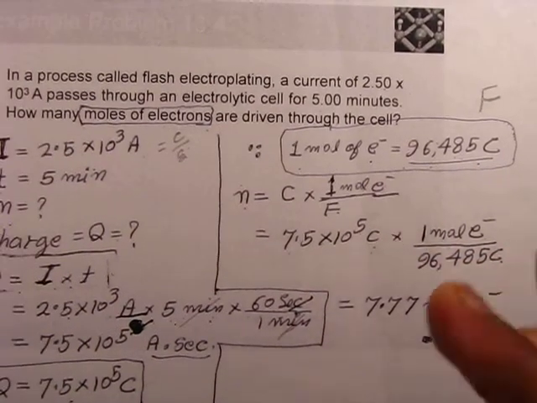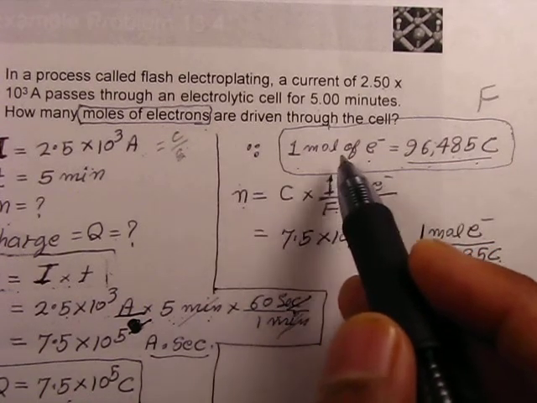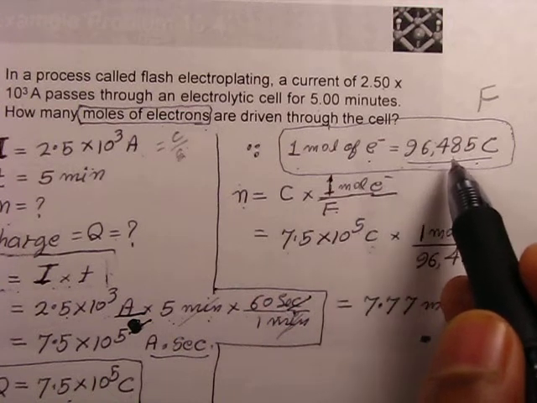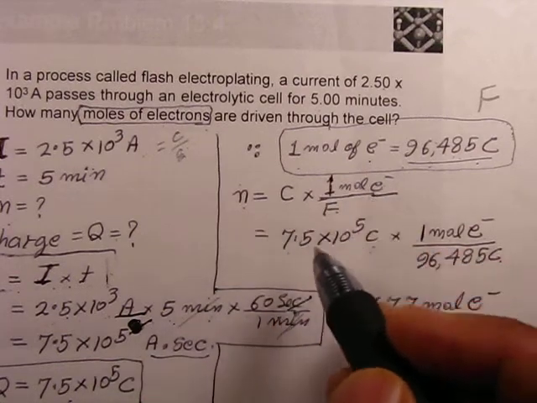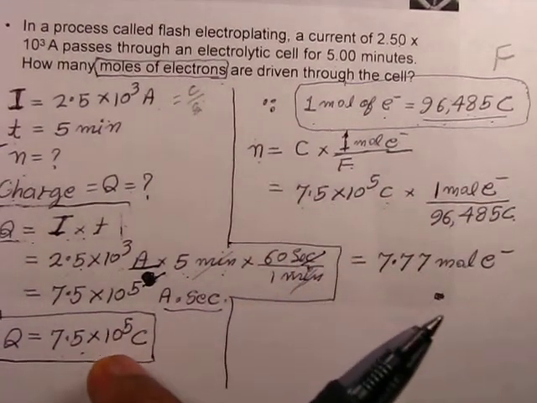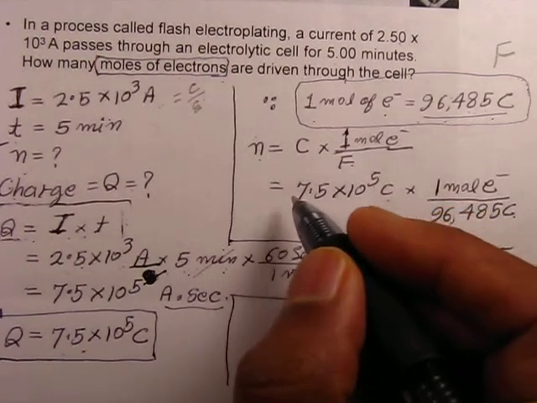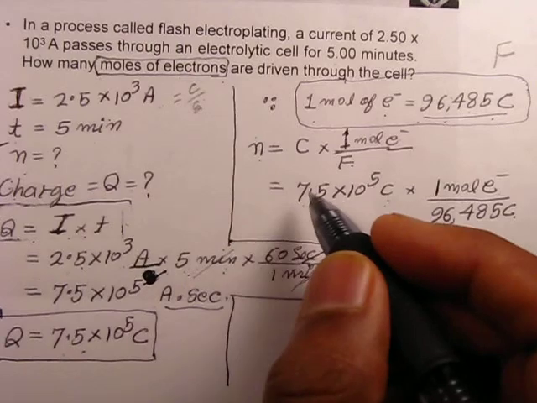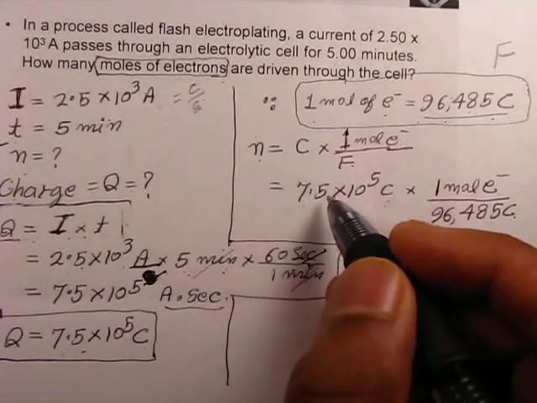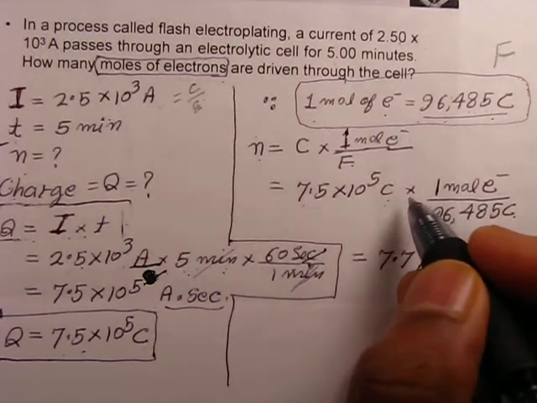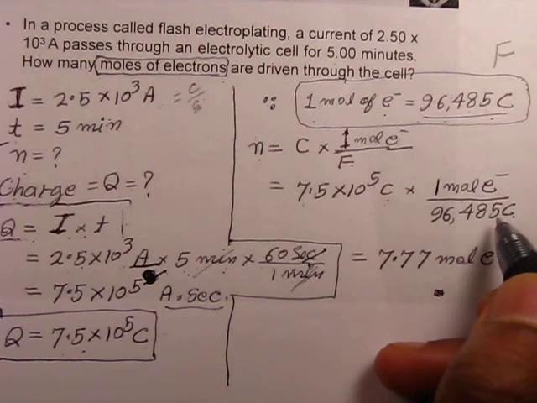As per the Faraday constant, 1 mole of electrons is equal to 96,485 coulomb. So we divide the total charge by the Faraday constant to find out how many moles of electrons there are. The number of moles of electrons is equal to charge divided by Faraday constant: 7.5 times 10 to the power 5 coulomb multiplied by 1 mole of electrons divided by 96,485 coulomb.